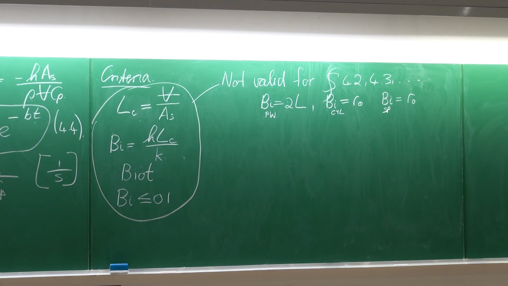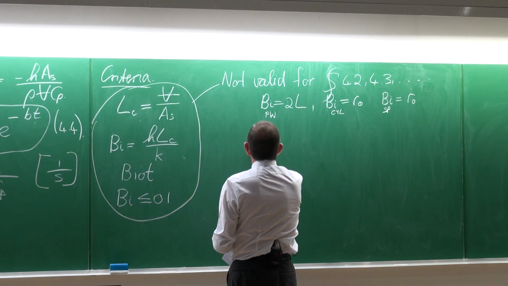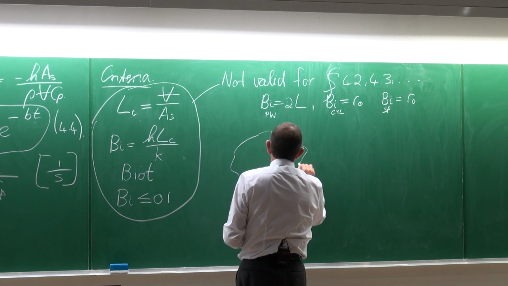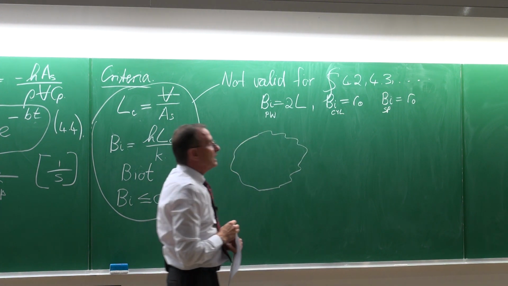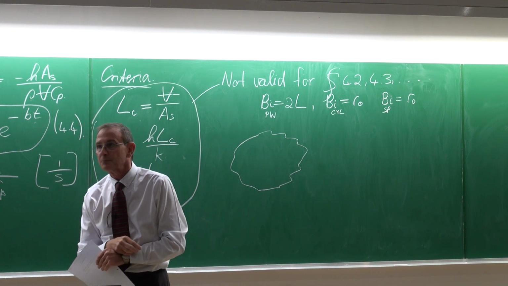Now what does the Biot number actually mean? It is the ratio of two resistance terms.